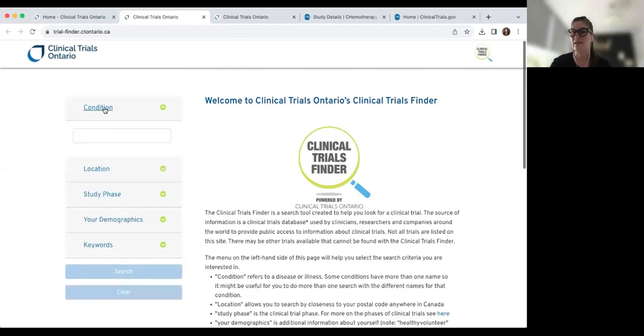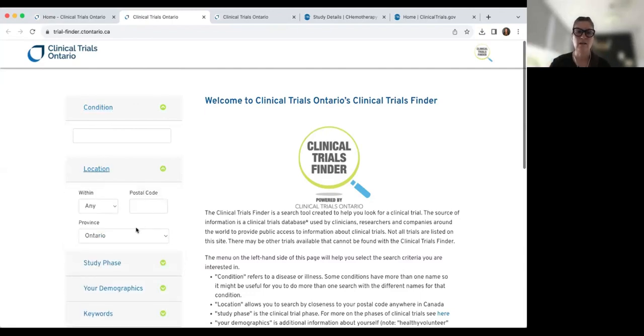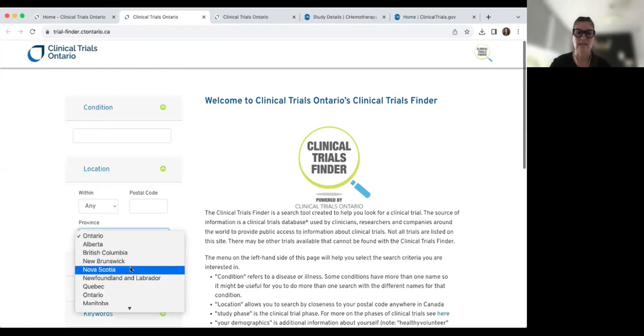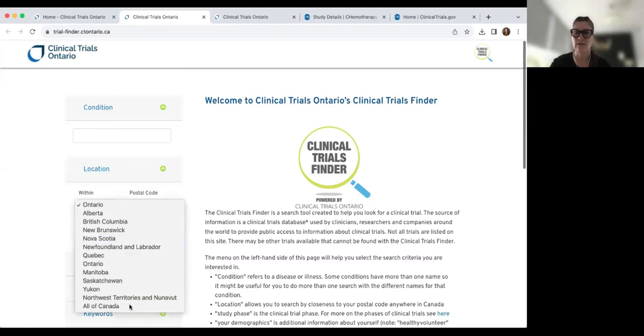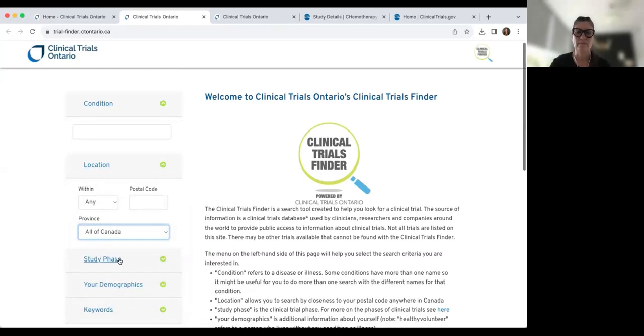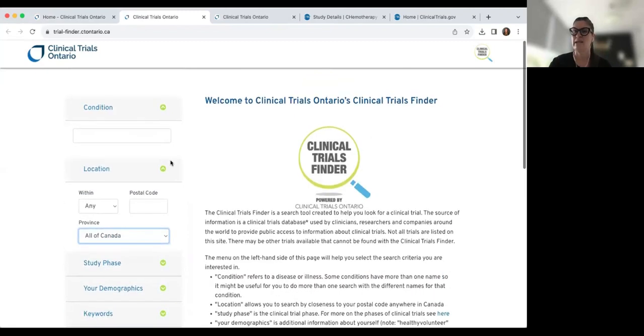And really, at the very least, you have to put in your condition that you're interested in. You can leave location wide open, or you can change it to be all of Canada if you're in Canada. And those are kind of the basics that you have to fill out. But the clinicaltrials.gov one is quite a bit better than it used to be, a lot easier to go through.